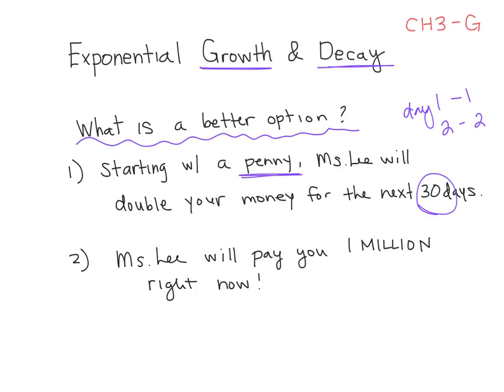And then on day 3, you have 4 pennies. So after 30 days, how much money do you have? Second option is that Miss Lee will pay you $1 million right now. So think about it and we will discuss this on our discussion board.